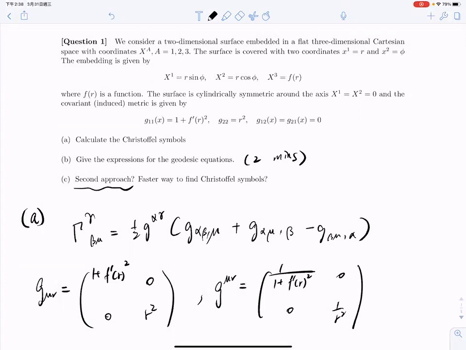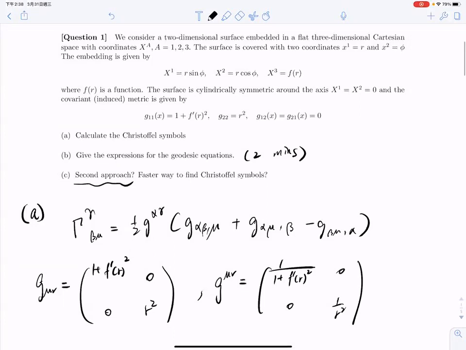Okay, this is the meaning. Maybe you have learned it in your lecture notes or some YouTube video before. And basically, for the shortest distance, you know that in flat Euclidean 3D space, it would be a straight line, right?